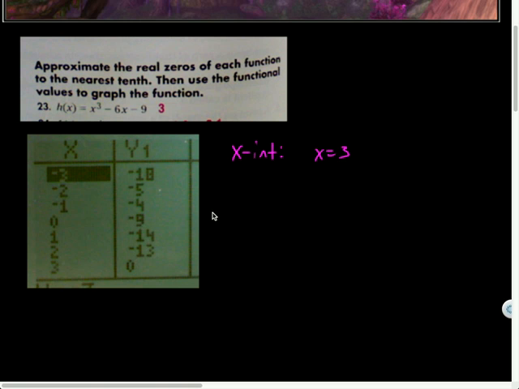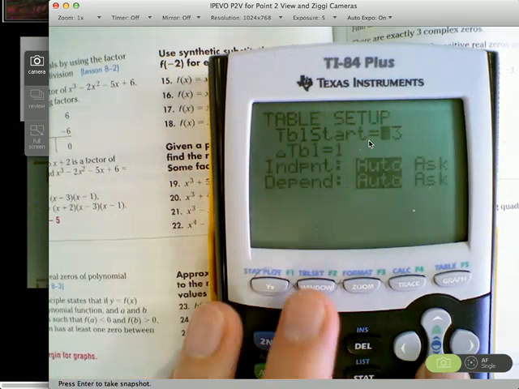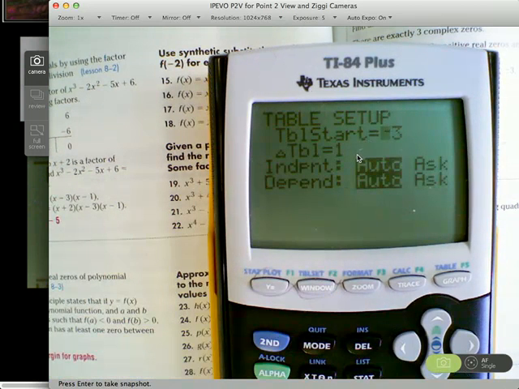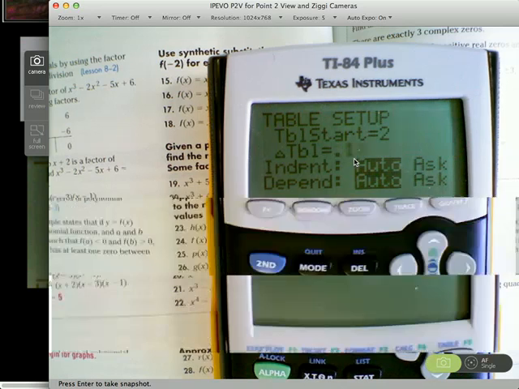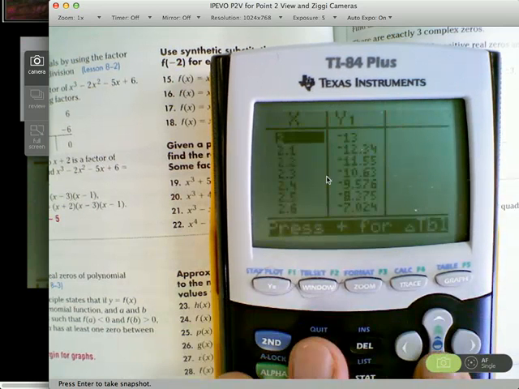Yeah, because this one happened to pass at a perfect point. Let me actually zoom in here. Let's go to table set, and let's start counting at 2, and we'll count by tenths, and go to table.